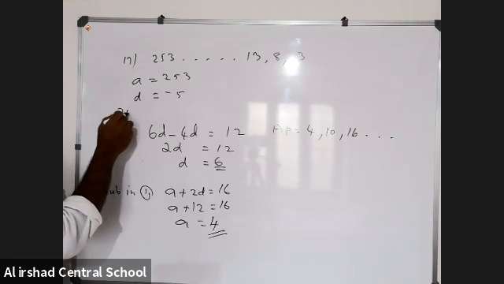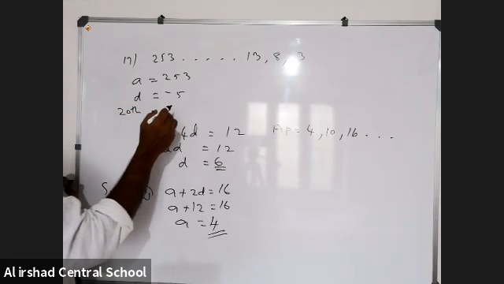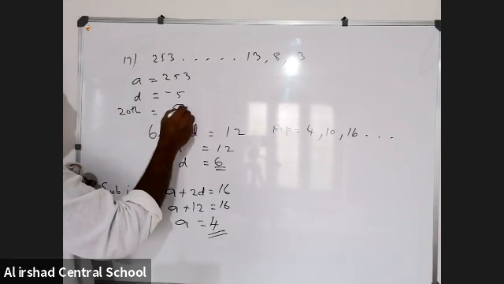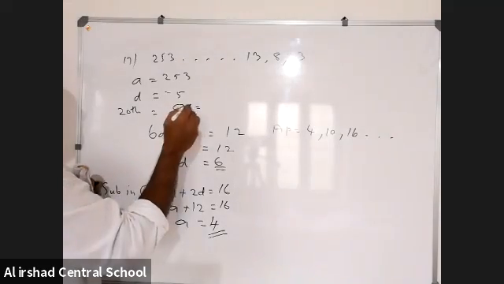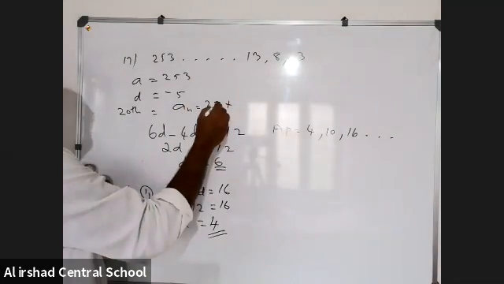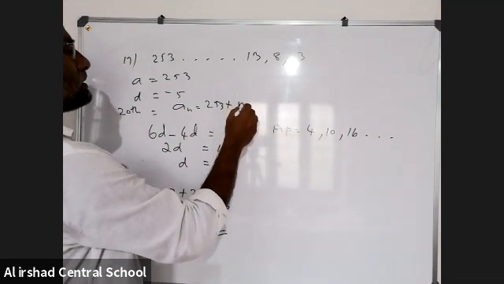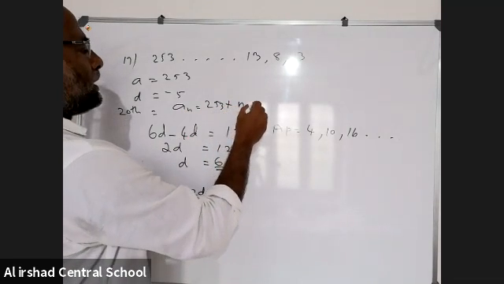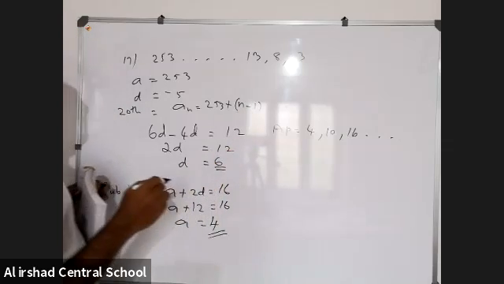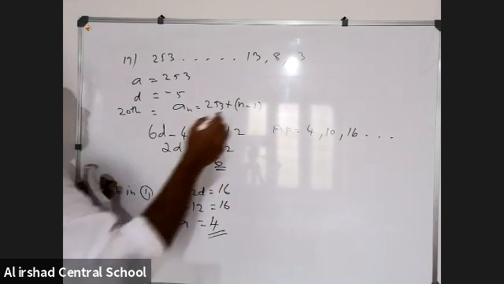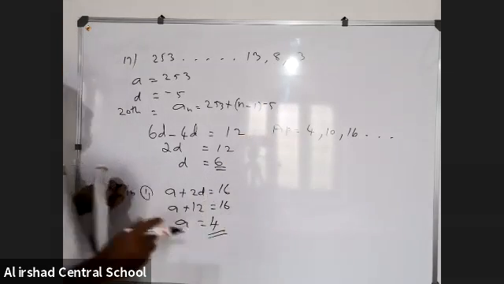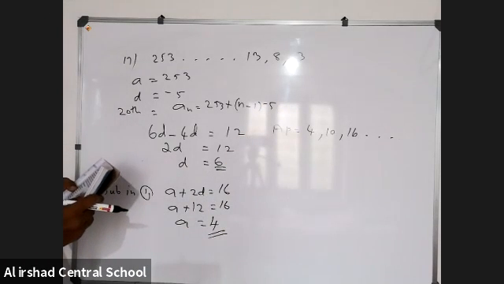That means the 20th term is equal to AN, which is A plus N minus 1 into D. That means N minus 1 into, what is this? Minus 5.